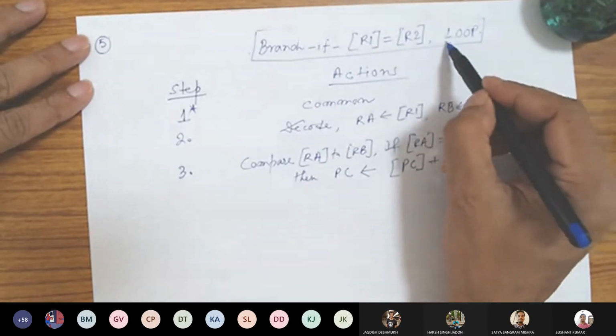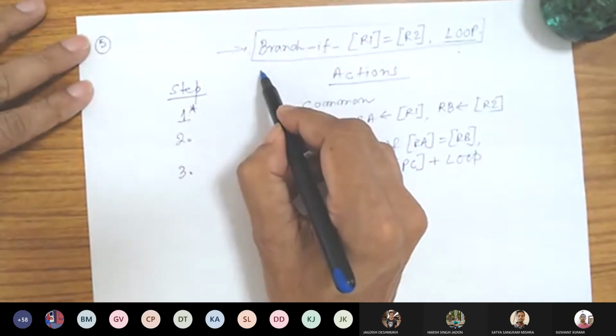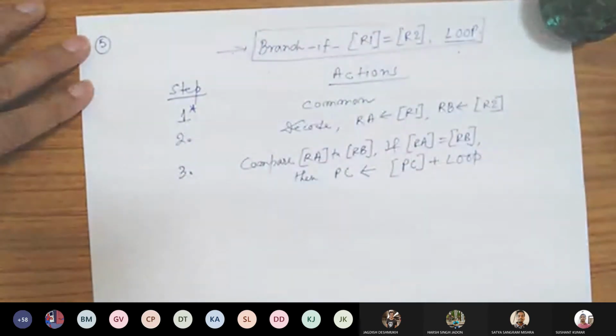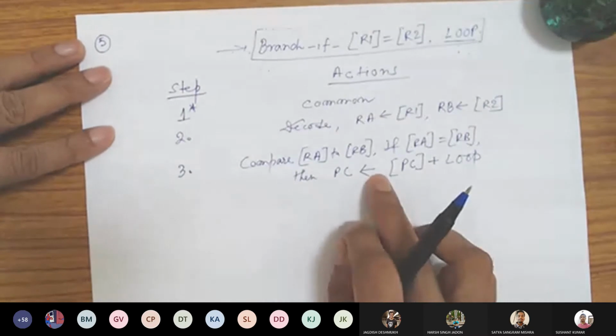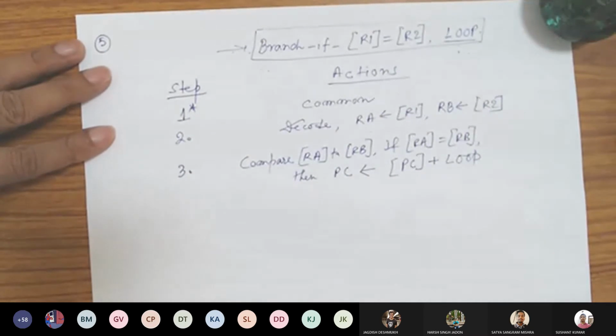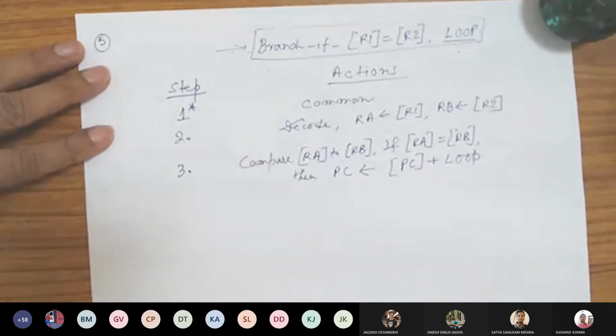So when the user gives this offset, it has to be given accordingly, not from this location but from the next location. During this time, the other part of the circuit, the instruction address generator, will be activated. PC equals to PC plus loop.